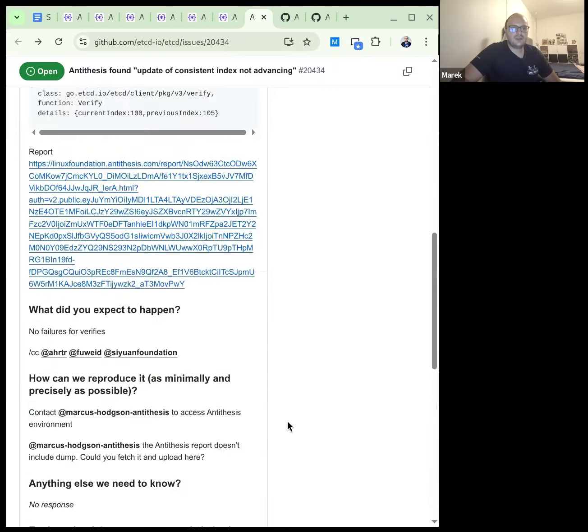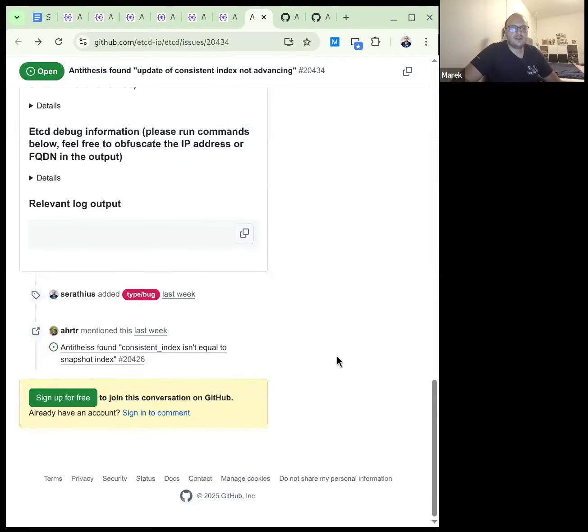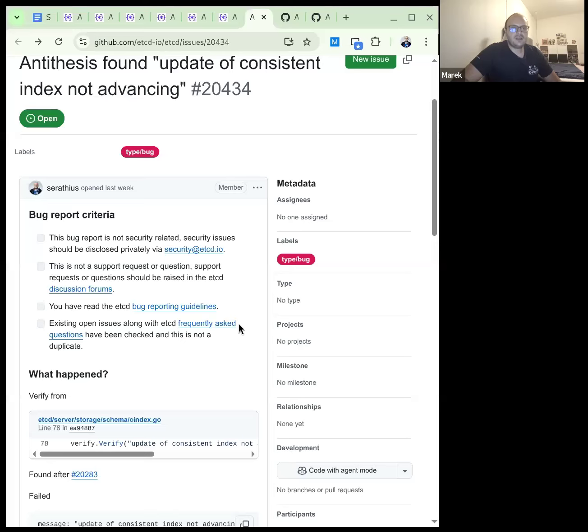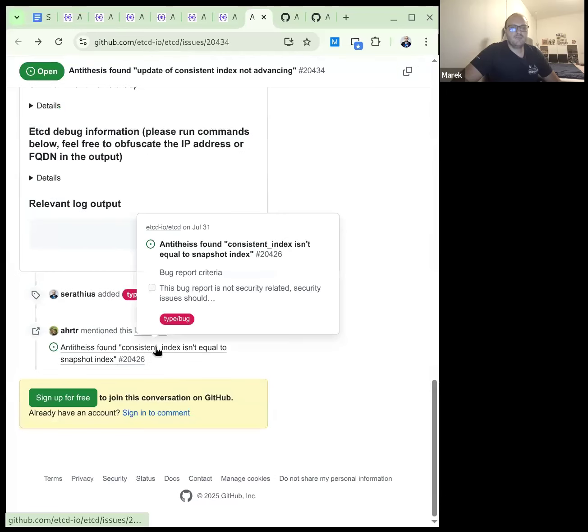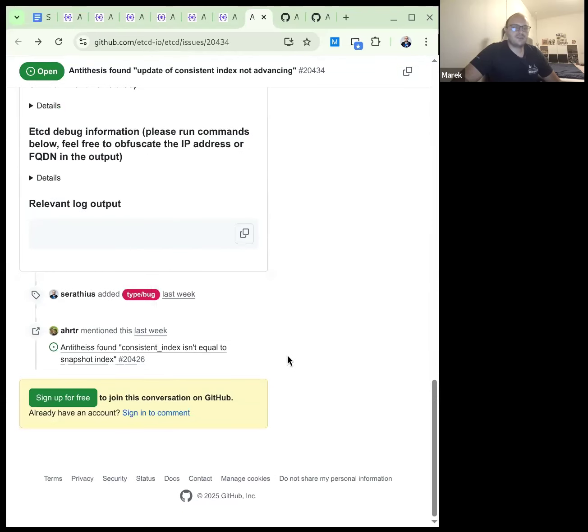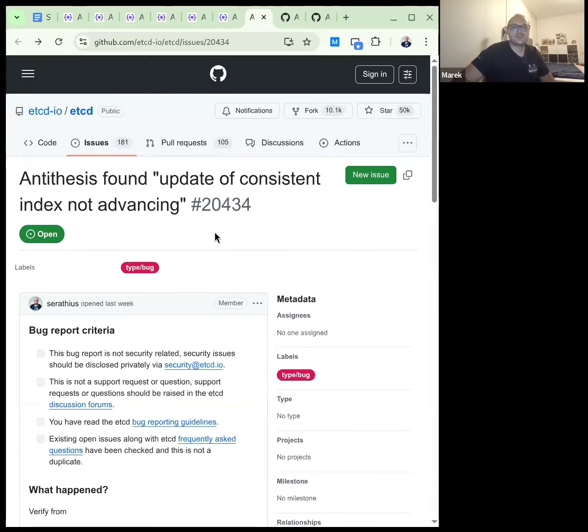And here's the third issue that might not be investigated yet. In fact, I just posted separate bugs because they are reported separately on Antithesis and they're separate assertions. I haven't confirmed if there is any relation or correlation between the issues.